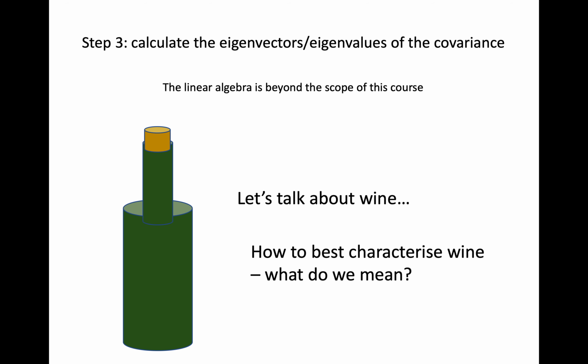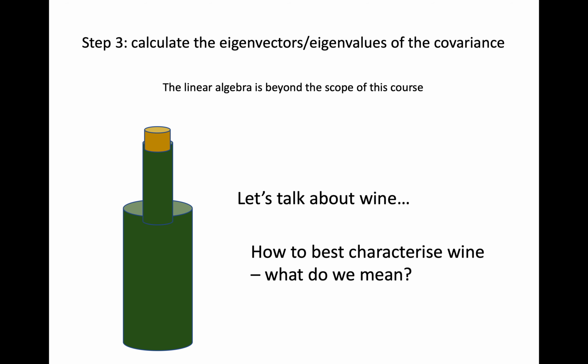So to take, let's say, wine. Okay, wine has character. We rank wines, we have competitions, and that is actually a great example of a multivariate data set. We measure a lot of different things in wine. How do we best characterize it? So we have the aroma, we have the bouquet, we have all sorts of things to do with the scent of the wine.